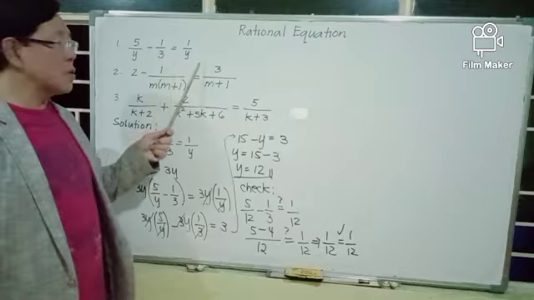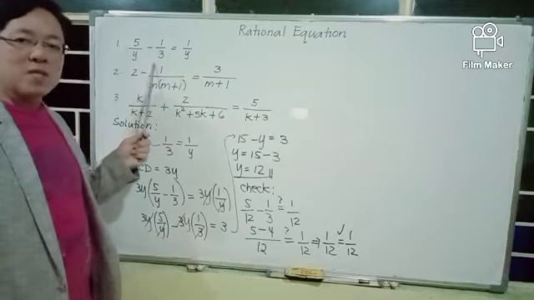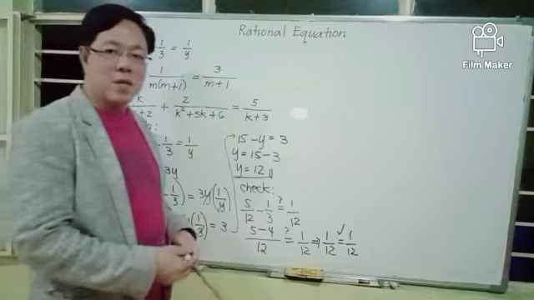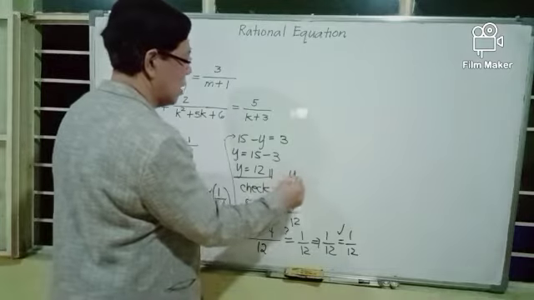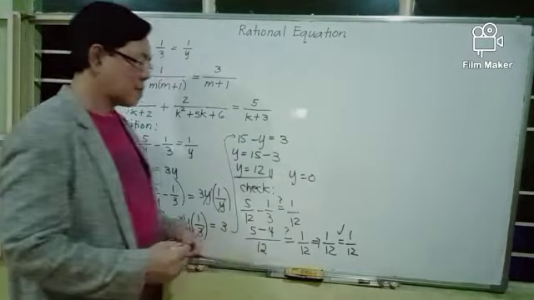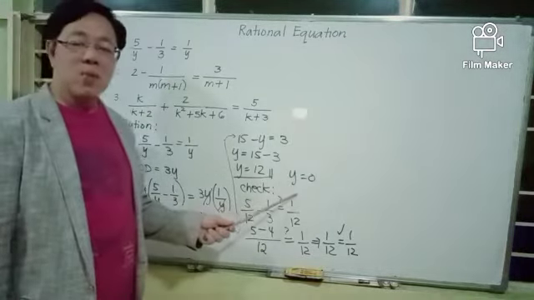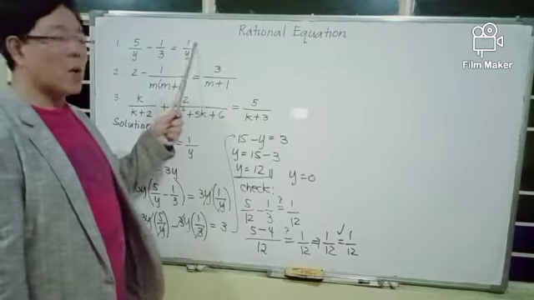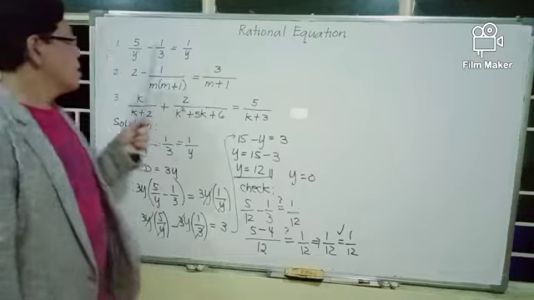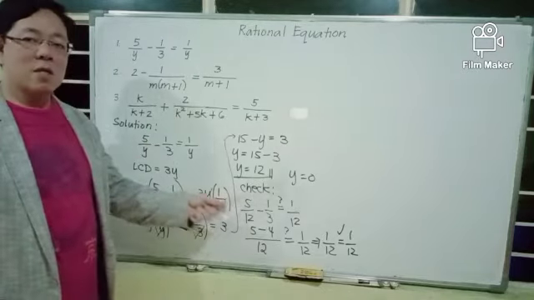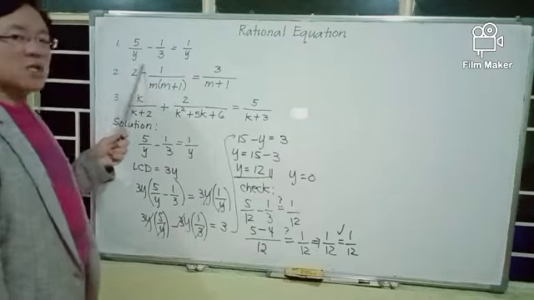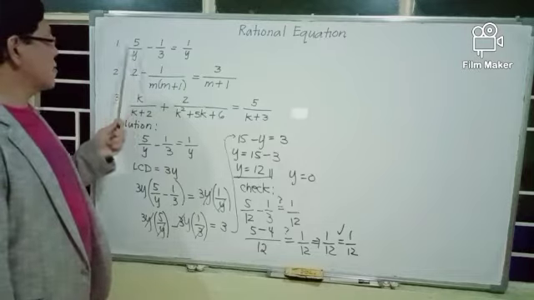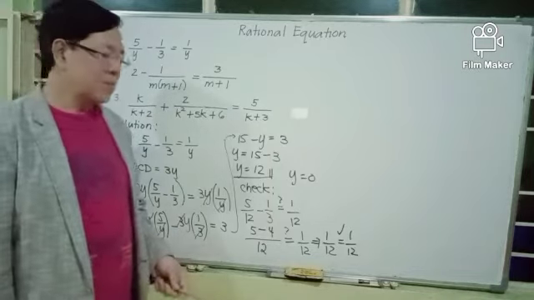Now, supposing you solve this equation and you get y equals 0. This value of y equals 0 will make the denominator 0. And so 1 over 0 is undefined.